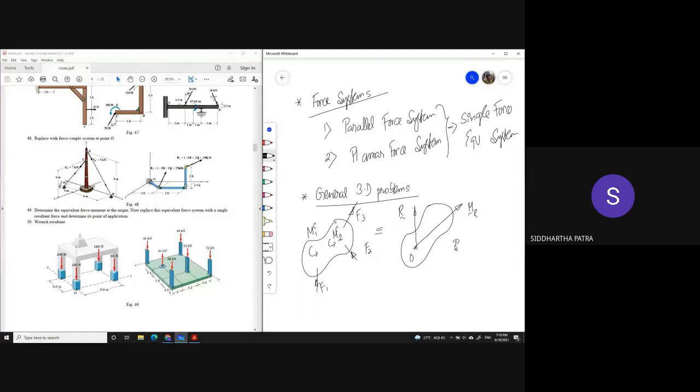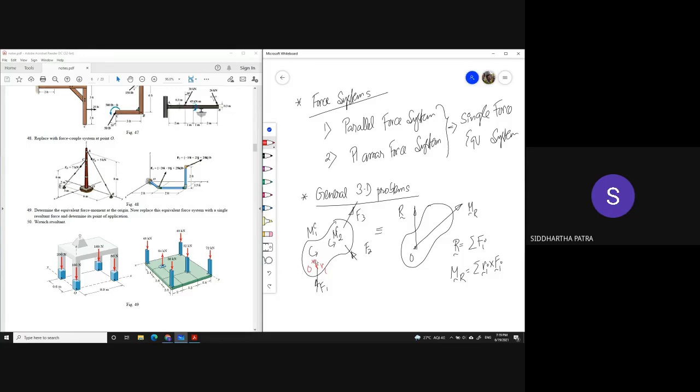Now this R has this expression, quite obvious, and the moment has this expression, where Ri is the position vector of the ith force.